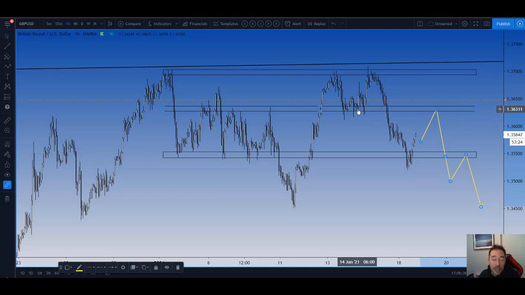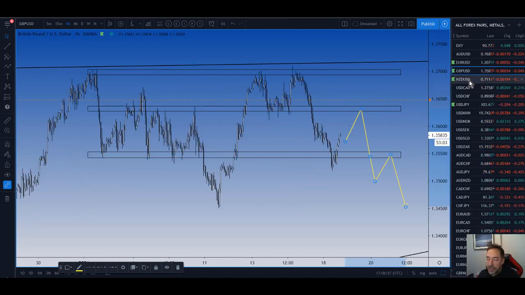Does it become resistance? We're going to find out, hopefully. So Euro USD, Pound USD, both looking for shorts, but both looking for pullbacks before we start to trade them.